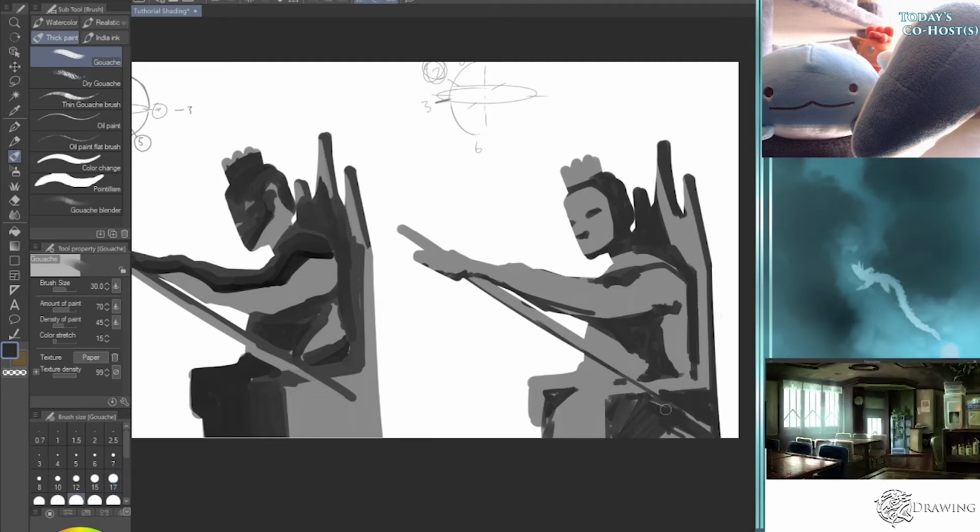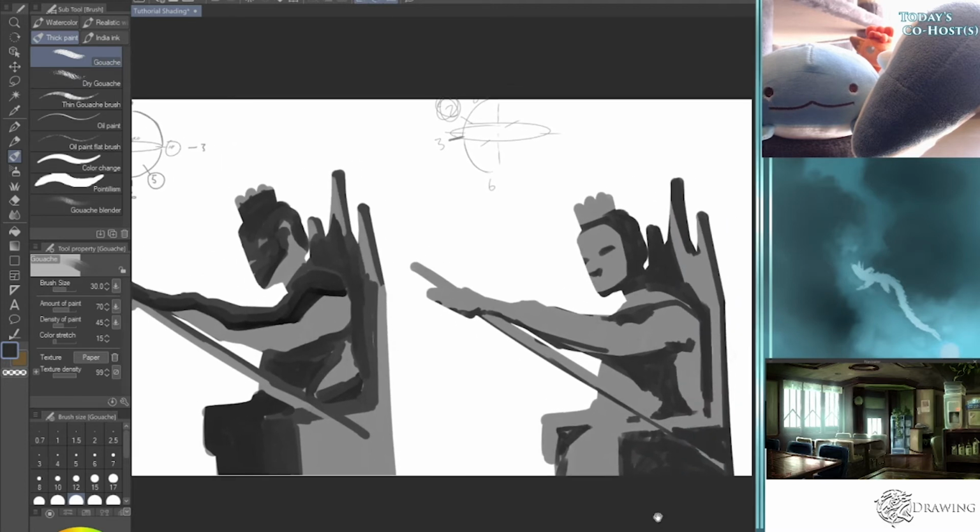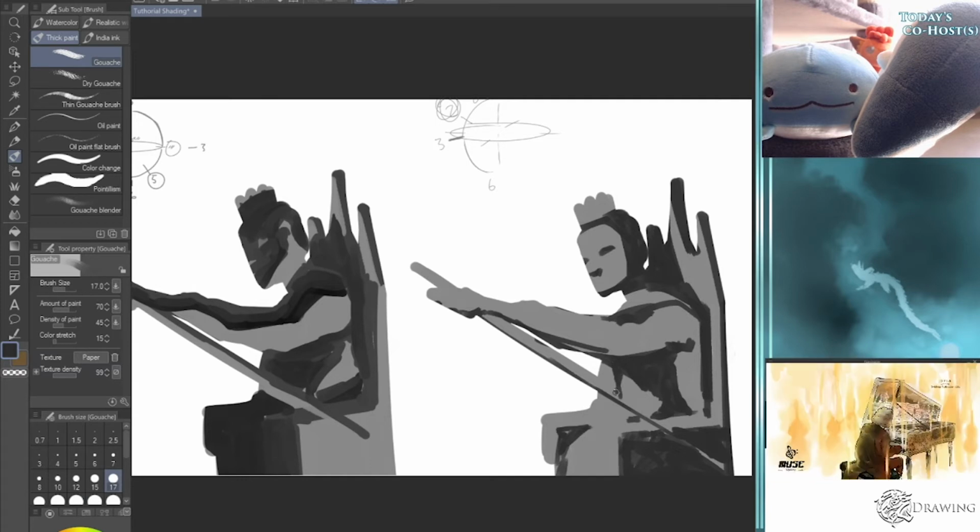See, even here, I'm probably shading a little too much on the right side, but it gives good directionality. So it helps. We'll assume that there's an arm back here. Maybe there's fingers here. That would cast a shadow.